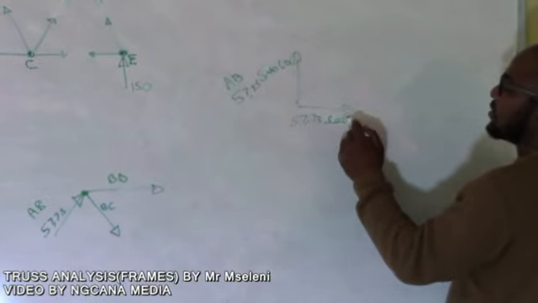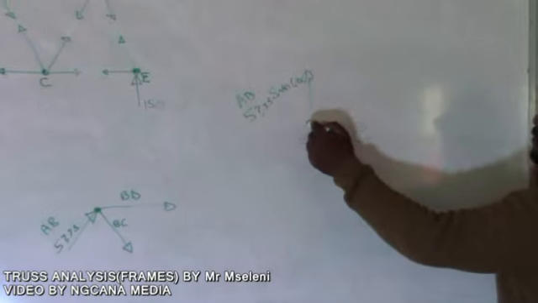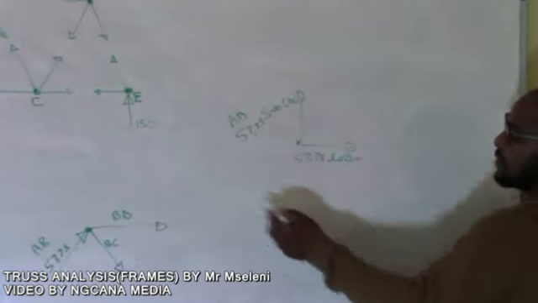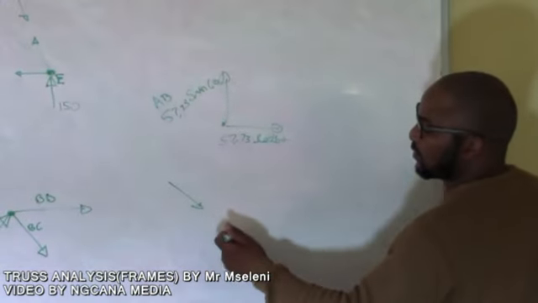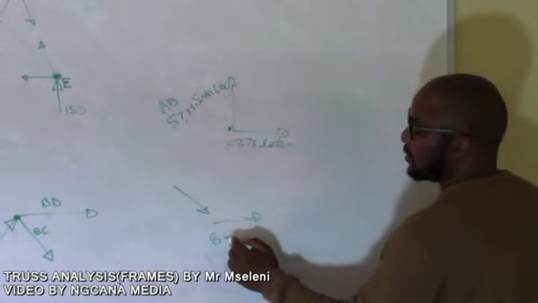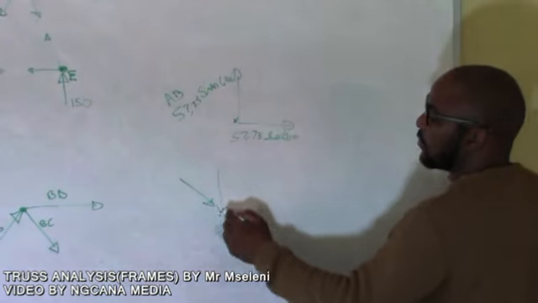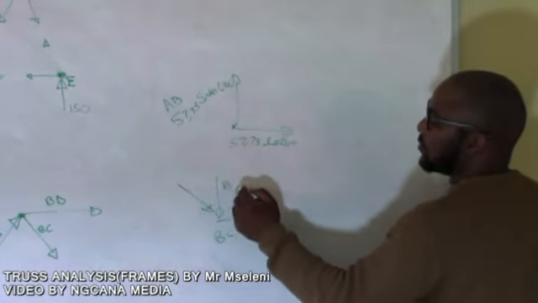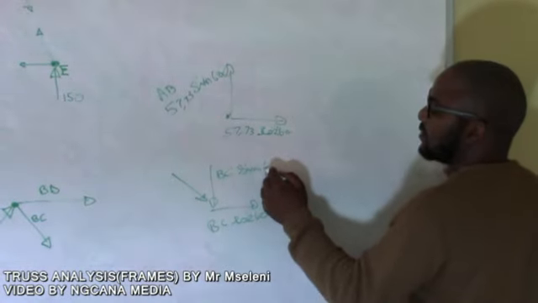So it's going to be cos 60 here. After we're done, we can also have our components of BC. The component of BC is going this way, which is going to be BC cos 60. And also we've got our component which is going down, which is going to be BC sine 60 degrees.